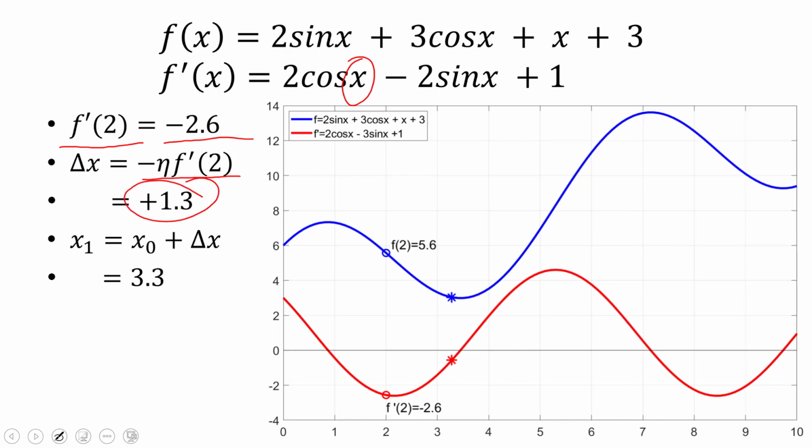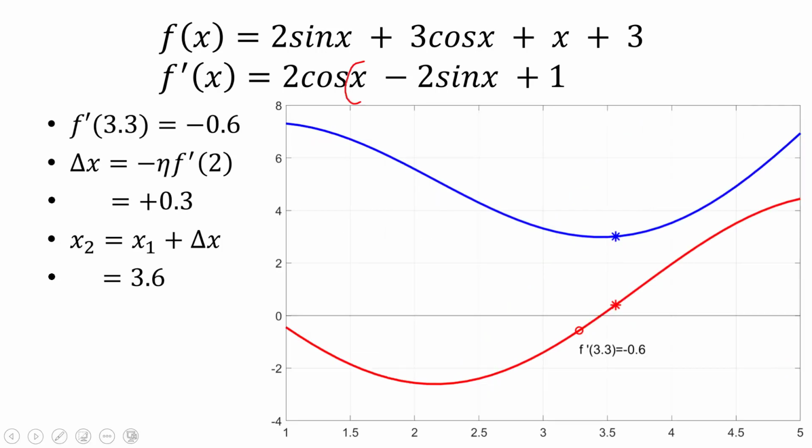This is the step I need to take from where I am now. So I'll add 1.3 to 2 and get 3.3. So 3.3 is my next guess. I'll call it x1. In this first step of the process, I went from x equals 2 to x equals 3.3.